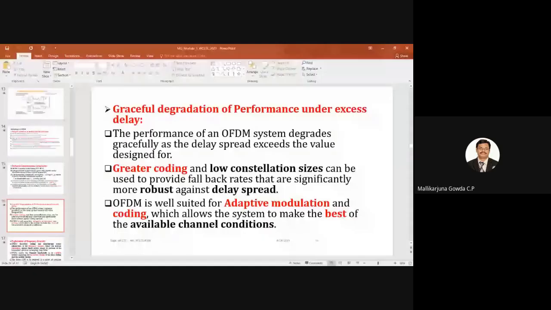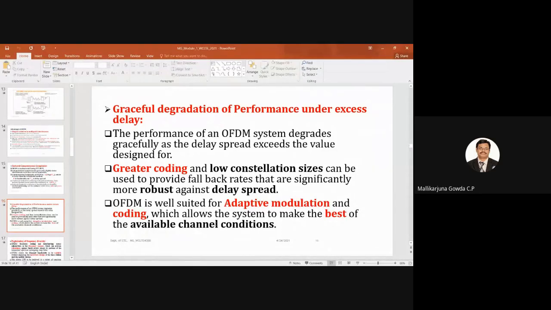So low constellation size may be QPSK when compared to QAM. That can be used to provide fallback rates that are significantly more robust against delay spread. It means that with a low constellation size we can go for QPSK and greater coding techniques when the delay spread is slightly more.